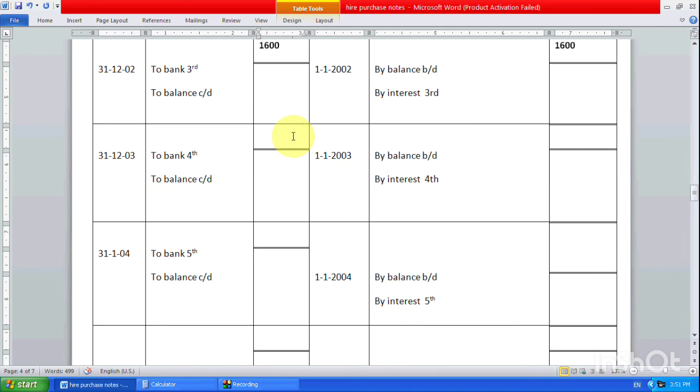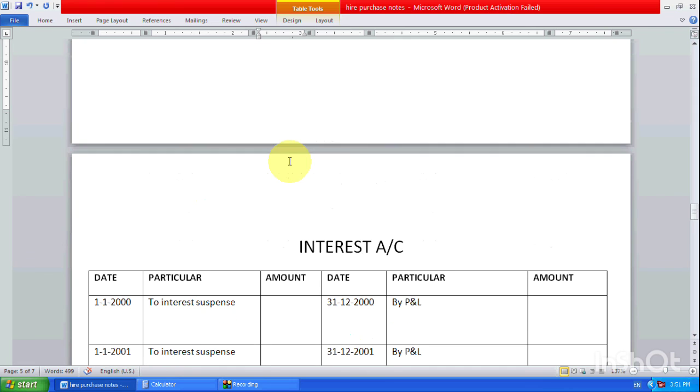Now let's go for another account, the interest account. I've already made some ledgers to make it easier and faster in the video. So directly you take 1st July 2000 to interest suspense account, first year interest 140, 80 plus 60. Then 30 June 2001, closing 140.